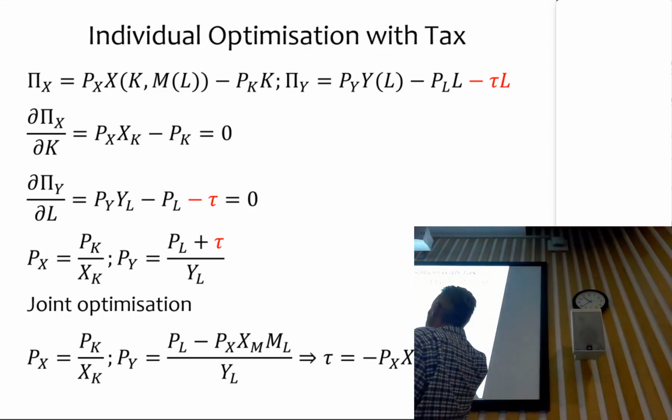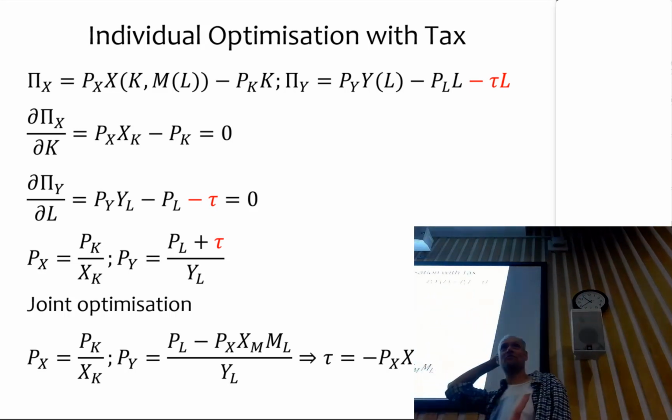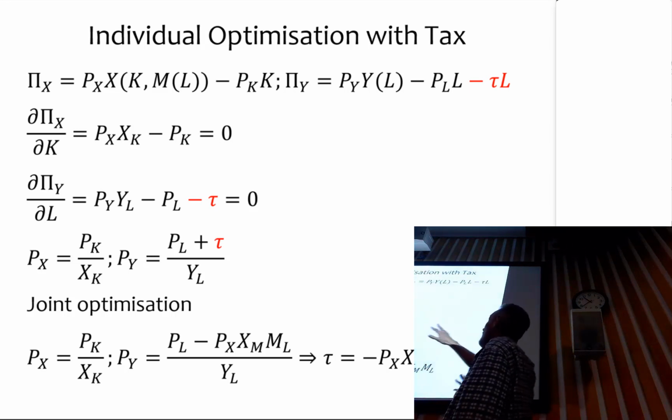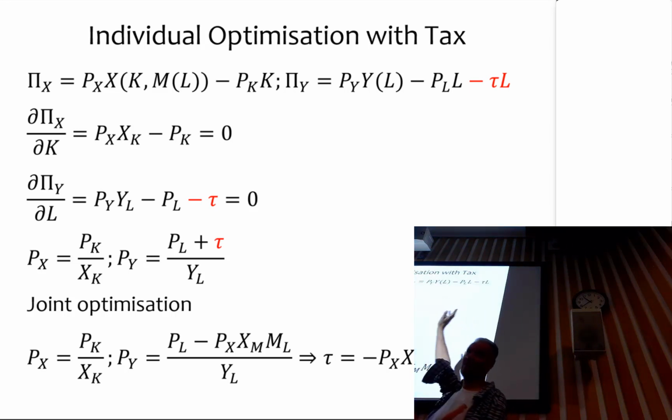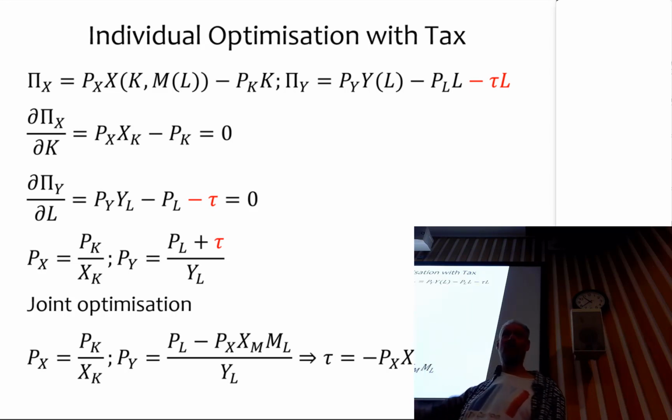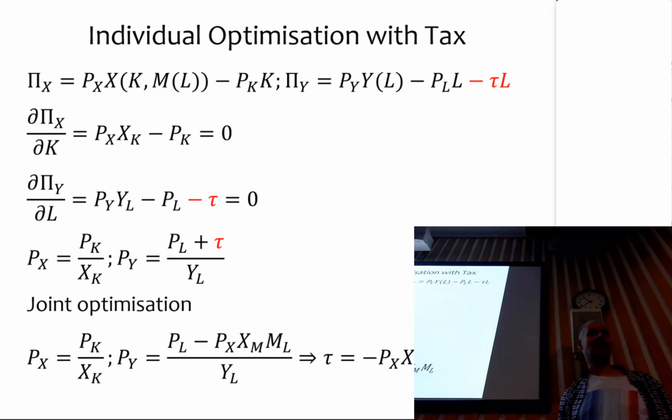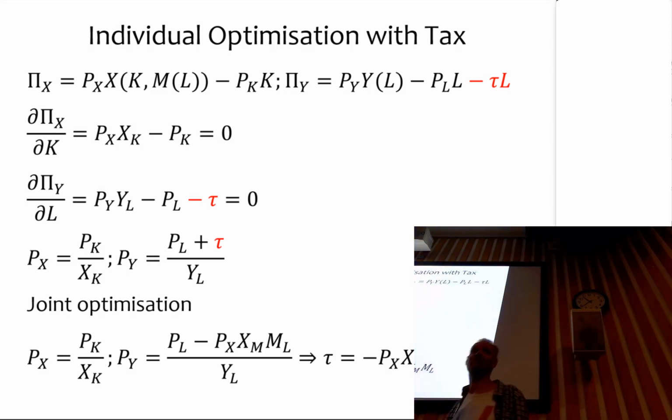When this was first suggested, people did sit up. So we're going to change the profit function of making Y. It's P_Y times Y, that's your revenue, right? P_L times L, that is your labor cost. But we're going to apply a tax on the amount of labor that you use, and we're going to call that tax tau.